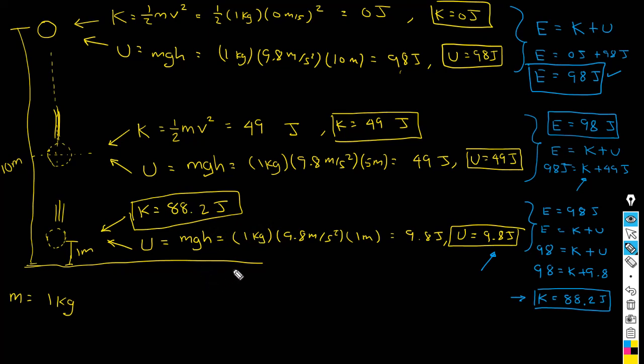Now let's do one final thing. Suppose that we want to know the velocity of the particle at this precise moment, when the particle is right here at 1 meter from the ground. Can we get it? Can we get the velocity? Yes, because now we have the kinetic energy of the particle, which is 88.2 joules.